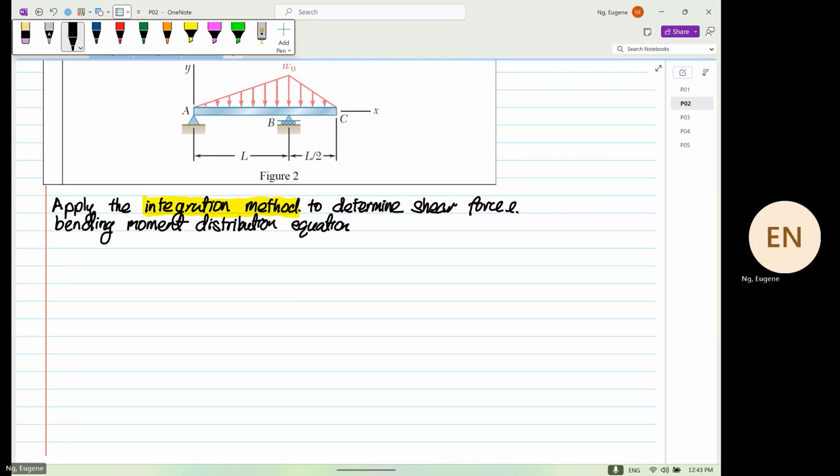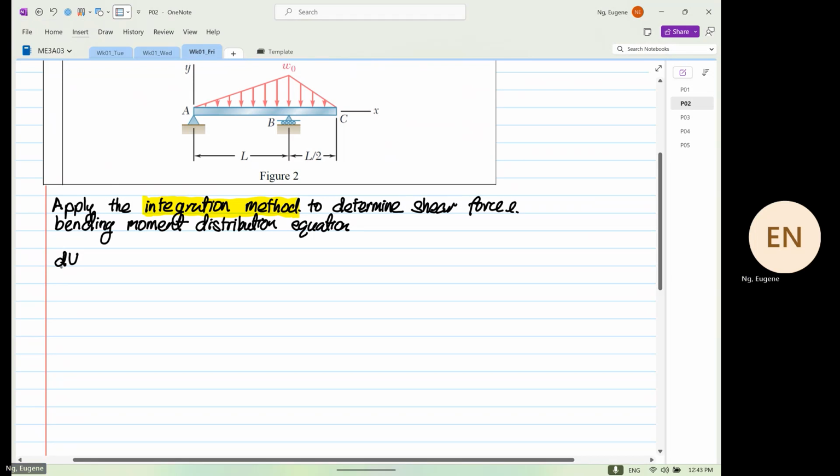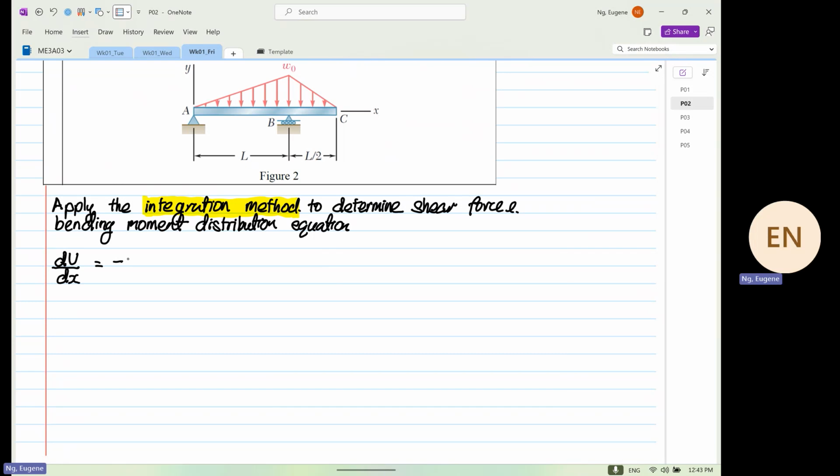Integration method. So we know using the integration method that dV over dx is equal to minus omega as a function of x. What we want to find out is we're going to determine between point B to point what?